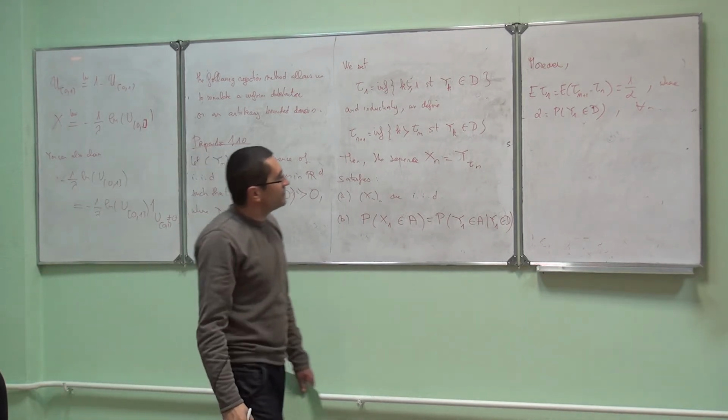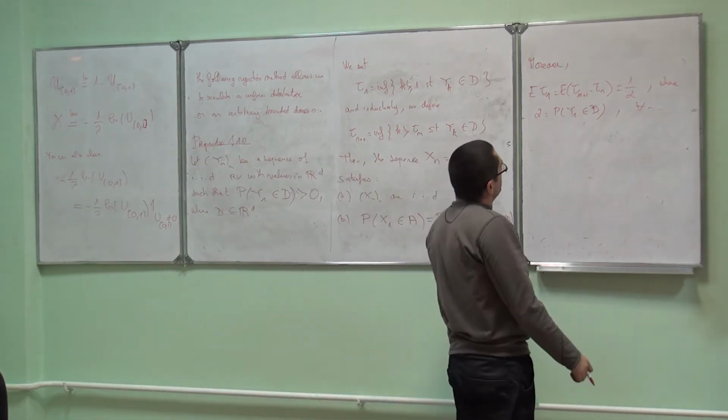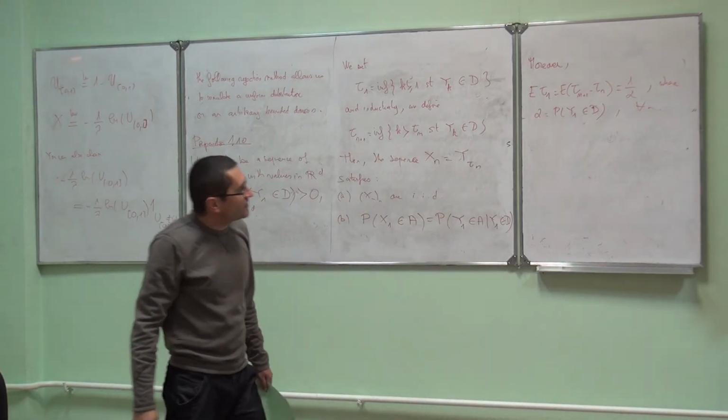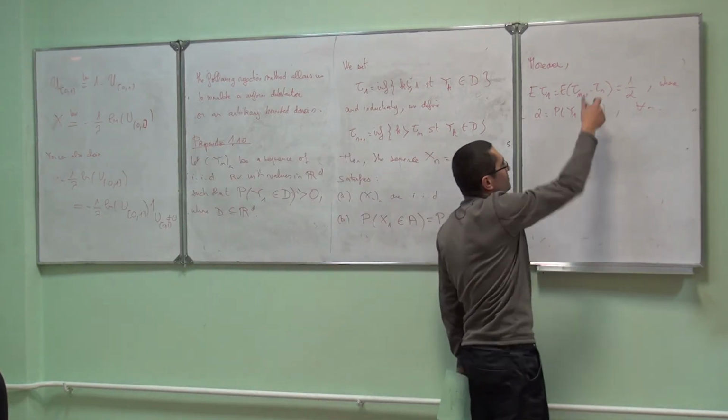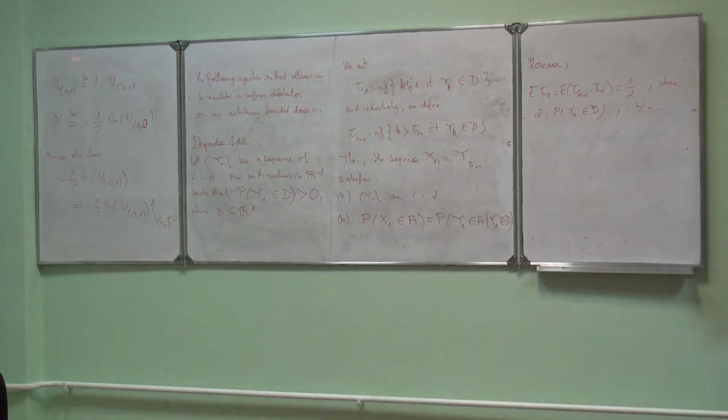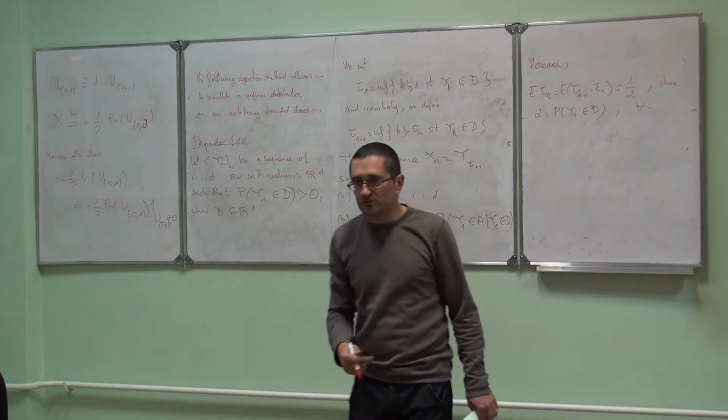Actually, they are identically distributed, and observe that tau n plus 1 minus tau n is the time you need to get a new value in capital D. New value for y, of course.